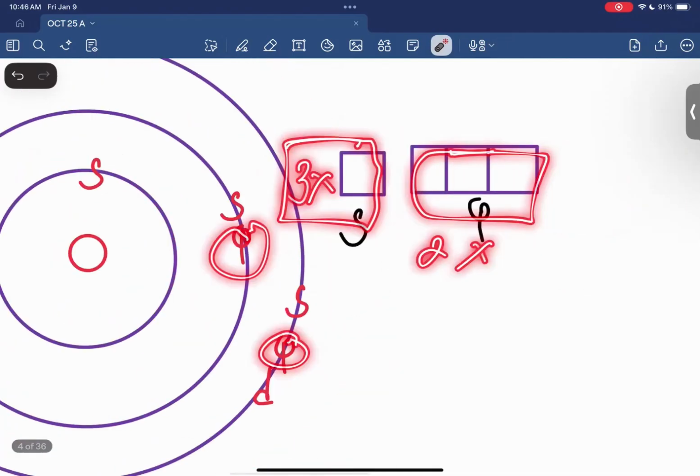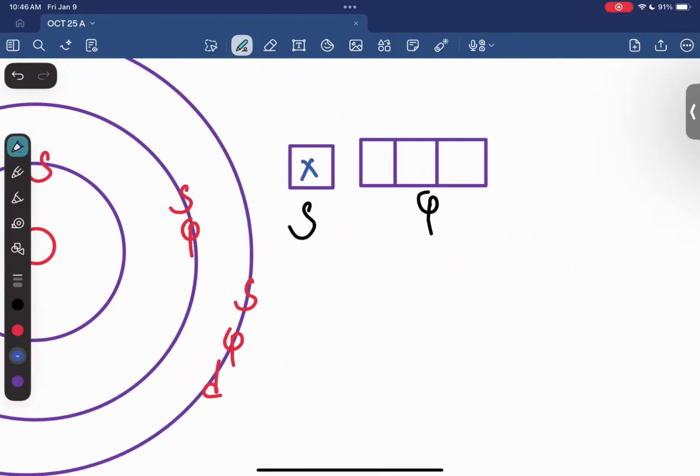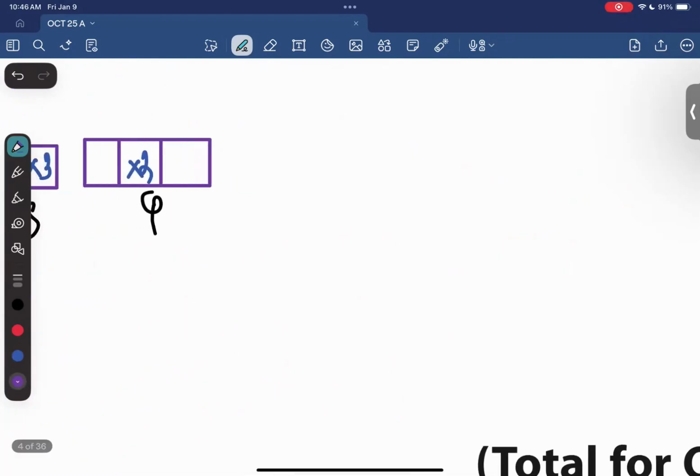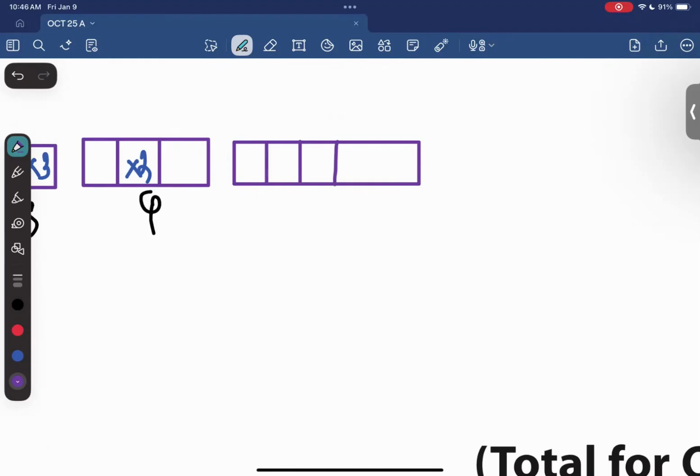Let me write this down while solving this question. Times 3, times 2. And for D, the number of orbitals is going to be 5. 1, 2, 3, 4, 5, right?